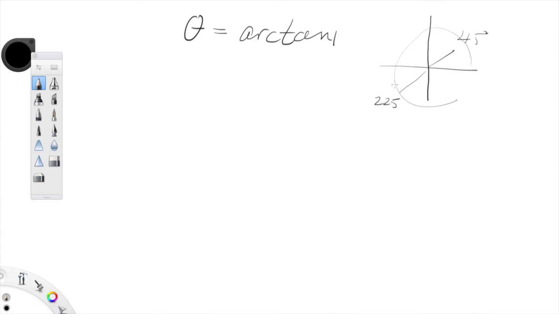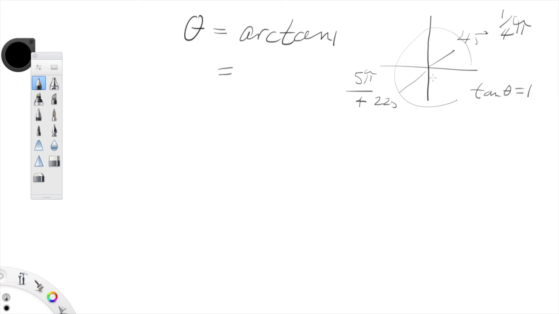Those both have a tangent of theta equals 1. So this answer must be either 45 degrees, which is pi over 4, or this one here, which is 5 pi over 4.